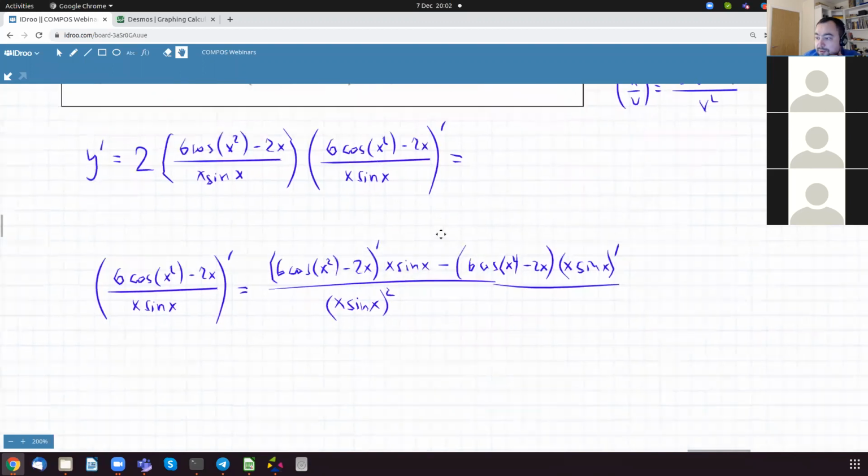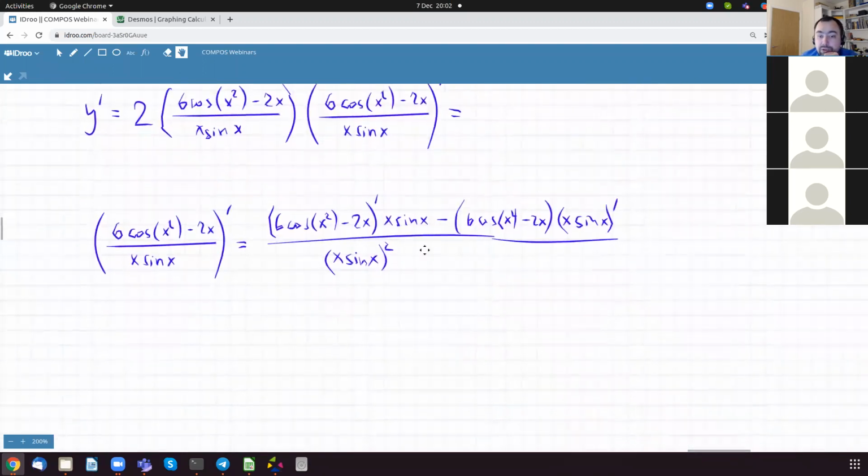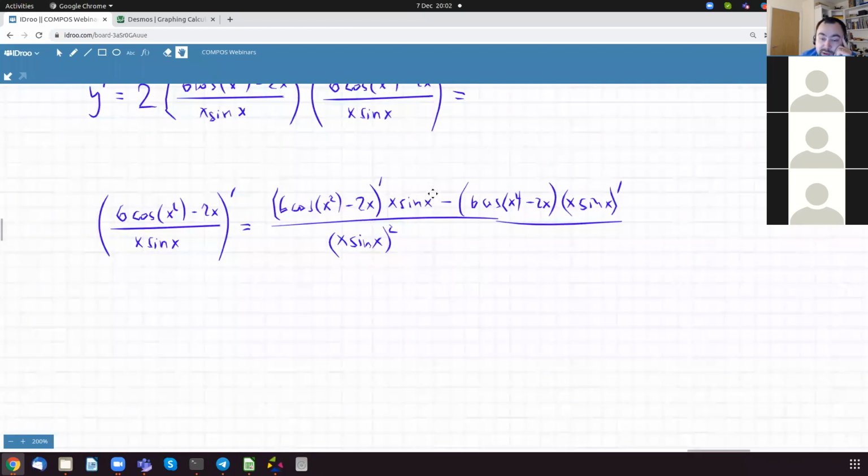So using the quotient rule. You will have the quotient rule and the chain rule for the assignments, but you will not have questions like this.